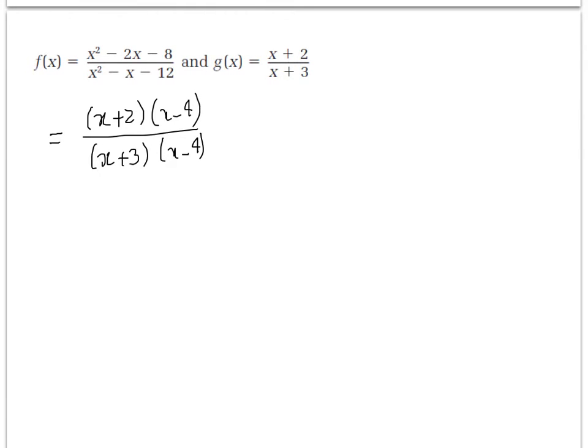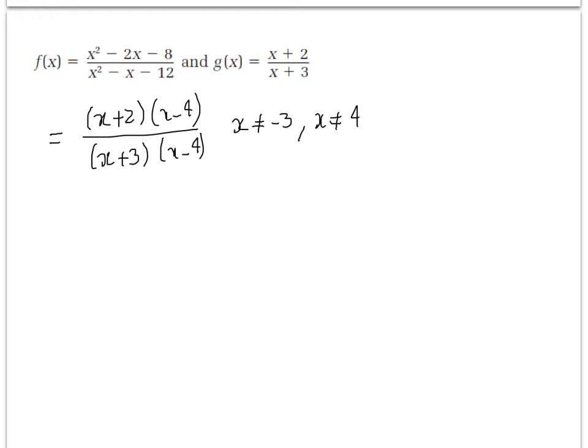And since we have to make sure nothing makes the denominator 0, you can easily see that at x equal to 4 and x equal to negative 3, the denominator is 0. So the restriction at the beginning is x cannot be negative 3 and x cannot be 4. That's the first restriction.